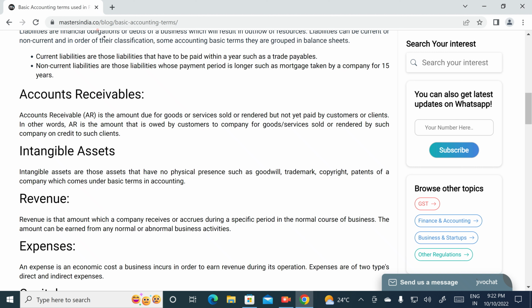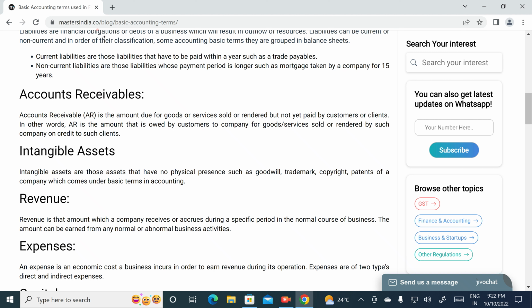Suppose I sold some goods to anyone, like to Amandi, right? It is not necessary in business that she will pay me the money then and there when I have sold the goods to her.